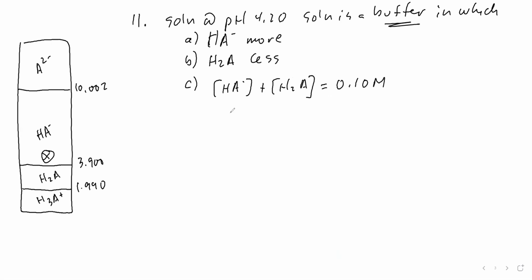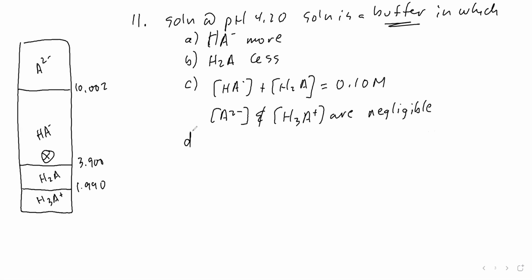And that same assumption says that A2 minus and H3A plus are negligible. They're there, but very small. Okay, if that's all true, then we can use the buffer equation to do the concentrations of all of the different forms.